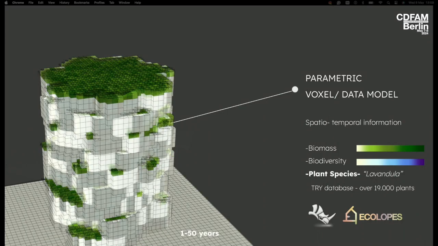For instance, on this slide you can see the species Lavandula. At the moment, our plugin uses a species pool of over 19,000 plants. But not all these 19,000 plants are simulated in one example because it works with locally specific data. This example building is in Madrid, so it only uses the plants that you could find around there.